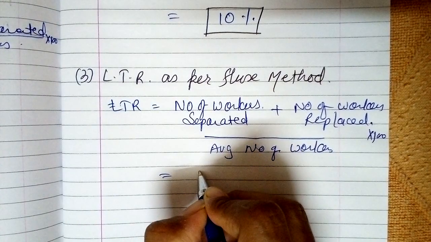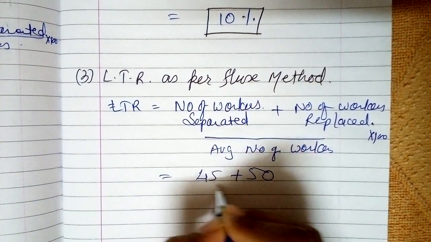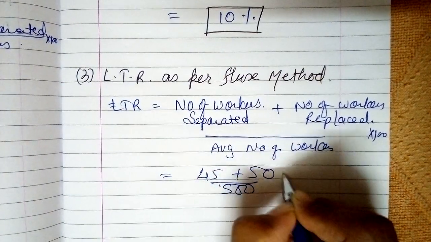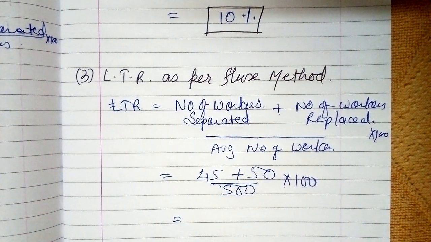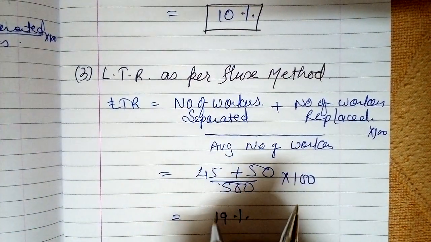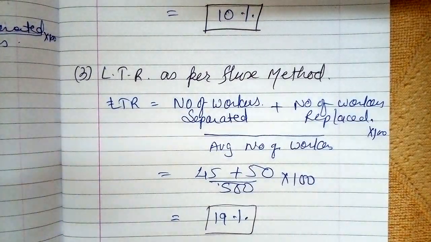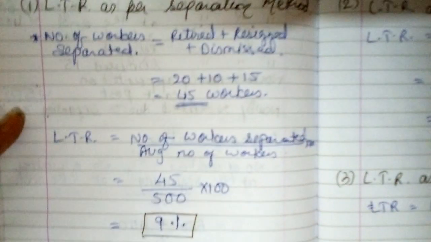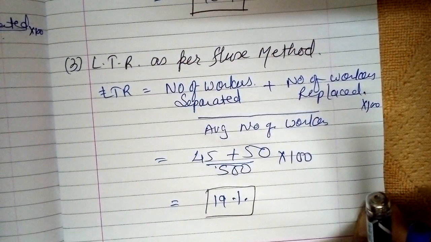So number of workers separated 45, replaced 50, divided by 500 into 100. So 95 divided by 500 into 100. So that would be 19%. Okay, so this is the answer as per flux method. Separation method 9%, replacement method 10%, and flux method 19%.